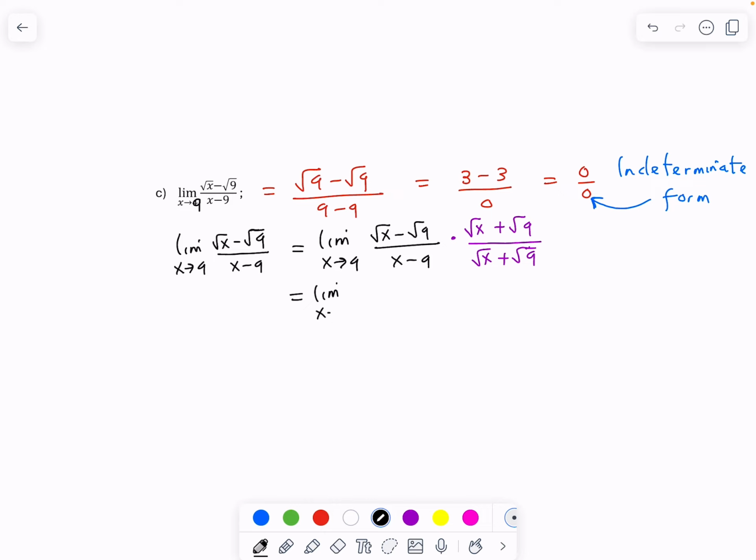If I simplify the numerator, I have square root of x minus square root of 9 times square root of x plus square root of 9, divided by x minus 9. I'm just going to write it this way because I want to explain something.